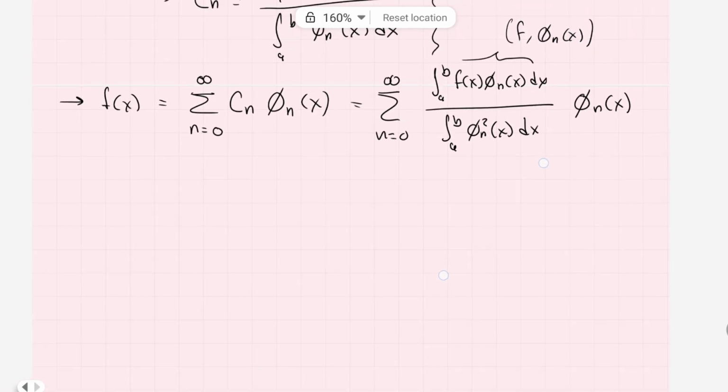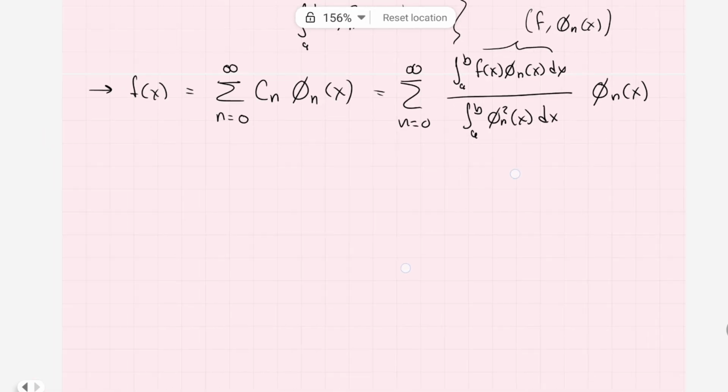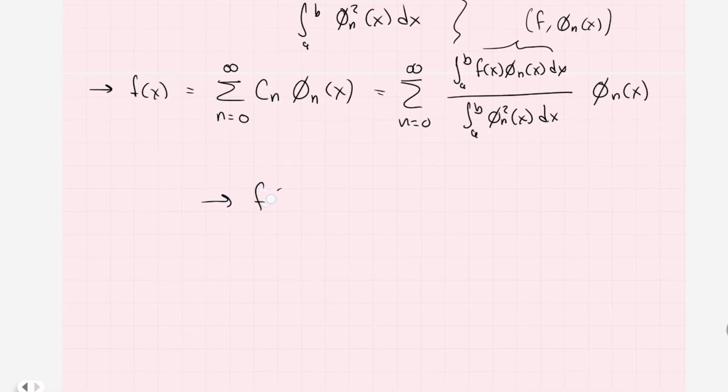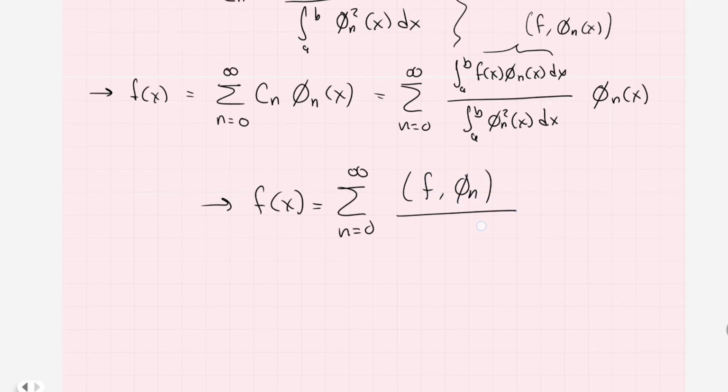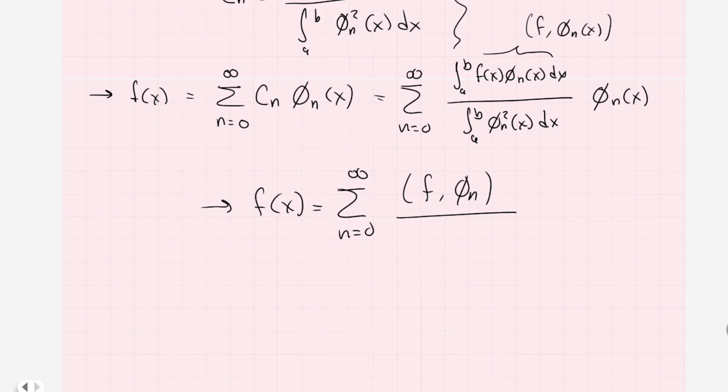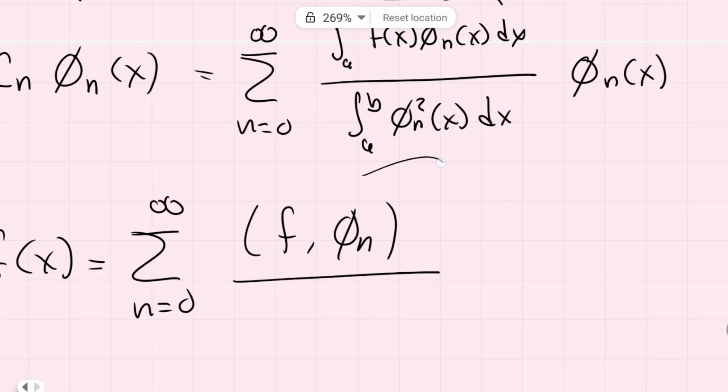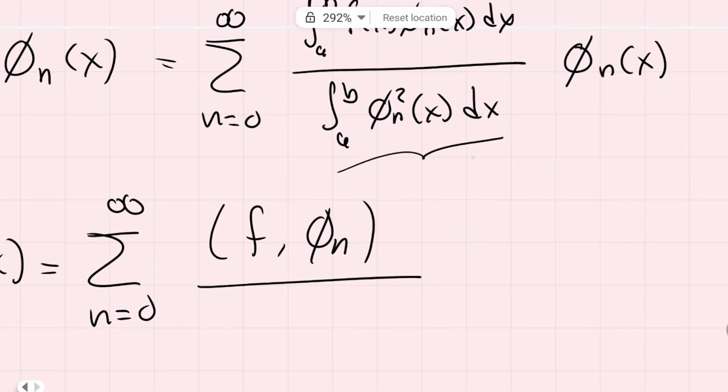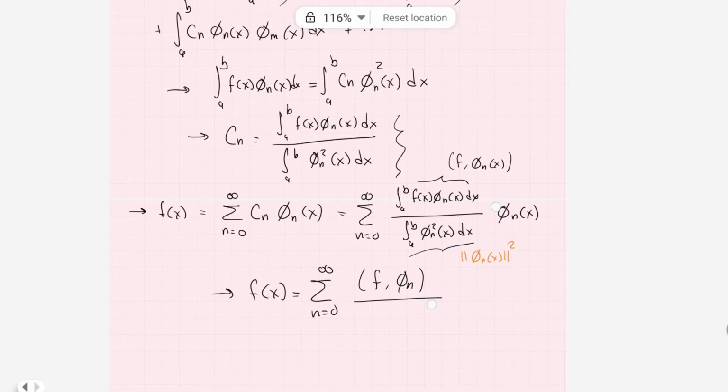Okay, so we can rewrite this as the next. F of x is equal to the sum from n equals 0 to infinity of the inner product between f and phi n divided by, well, this integral that we have here. But again, we saw that this integral corresponds to the magnitude of the function phi n of x squared.